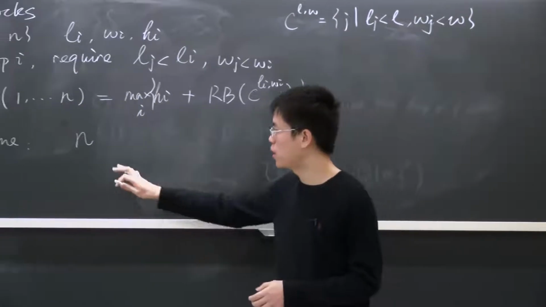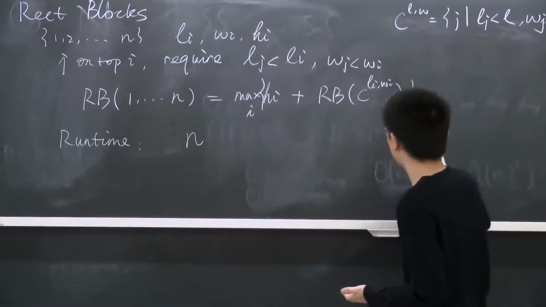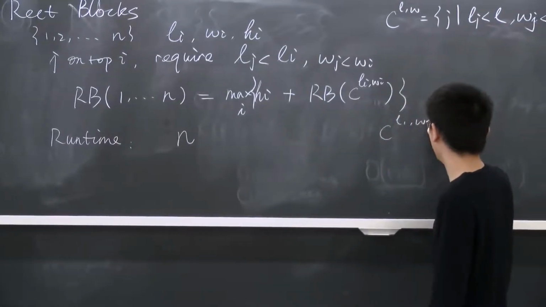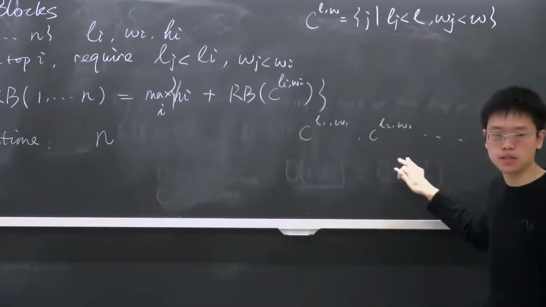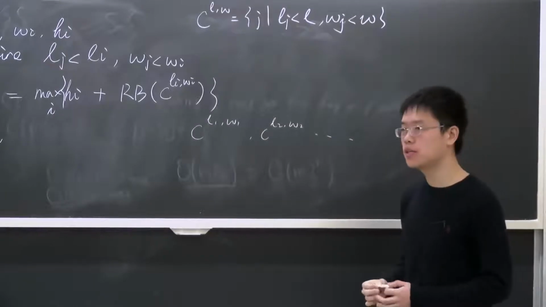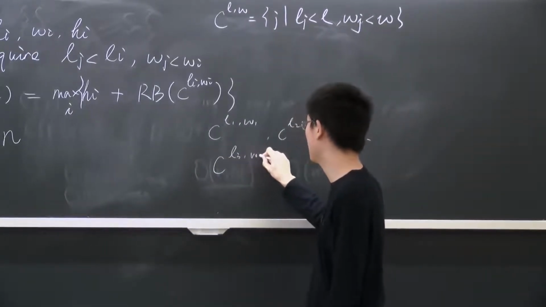So if there are only n subproblems, what are they? They have to be the compatible set of L1, W1, then L2, W2, right? These are the n unique subproblems you are thinking about. Is there any chance that I will get a compatible set like L3 but W5?